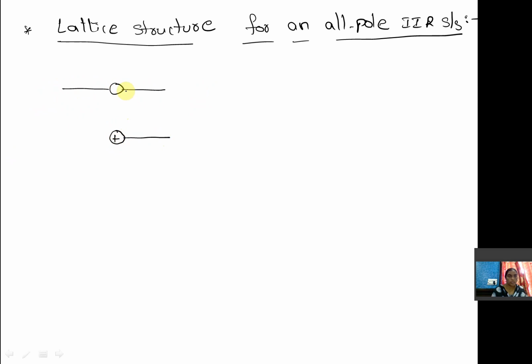Just reversing nature of the FIR system lattice form. So there actually like this. So here Z inverse. Now here are the adders. Now here like this. Am I correct? This is K1, K1 like that. This is Z inverse.